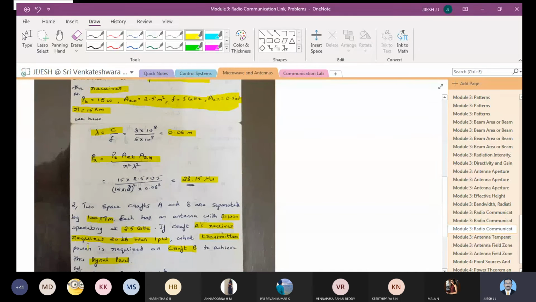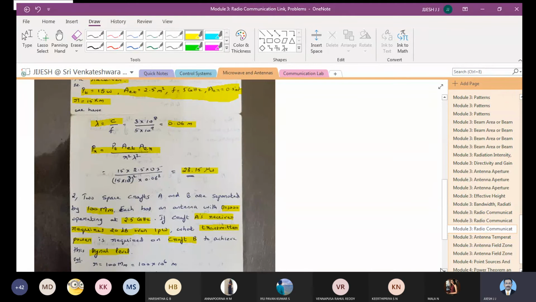So you can just imagine that two spacecrafts are there moving with each other, separated by a certain distance, and directivity and frequency, everything is given for you. You are asked to find out the transmitted power required on craft B to achieve the signal level. So R is given for you, 100 megameter.